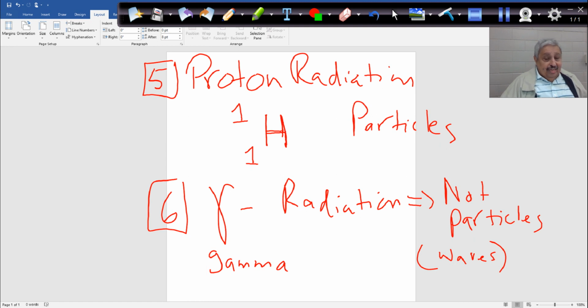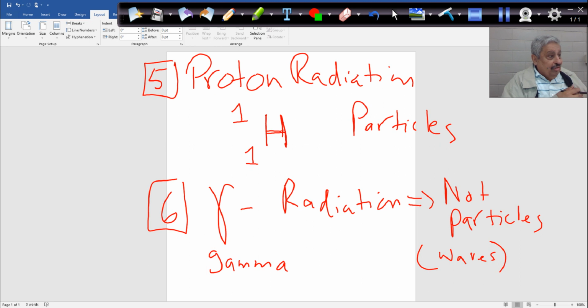Meaning, if I have a concrete wall here behind me, and I send gamma, gamma can go through the wall. Correct? The alpha and beta might go a tiny depth inside the wall, but they cannot penetrate all the way. That's the difference.